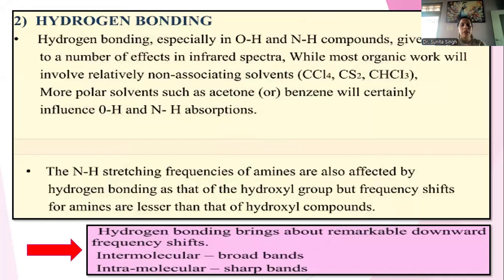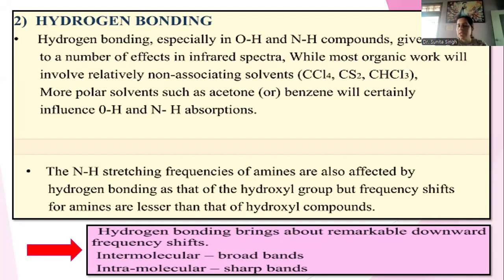Hydrogen bond. It is also an important factor because hydrogen bonding, which especially occurs in OH and NH compounds, gives rise to a number of effects in infrared spectra. Although most of the IR spectra work involves non-associating solvents like CCl4, carbon tetrachloride, carbon disulfide, chloroform, more polar solvents such as acetone or benzene will certainly influence OH and NH absorption.